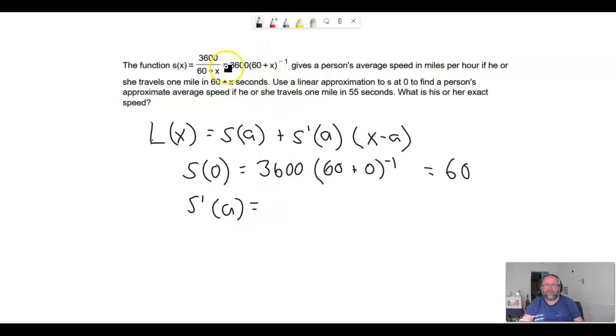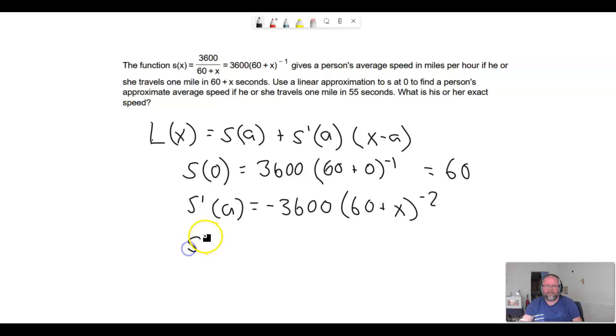If we use the chain rule and also the constant multiple rule, where we can just pull the 3600 out, we're going to bring the -1 out front, and then change that to -2, and then multiply by the derivative of the inside function. The derivative of 60 plus x is just 1, so that's not actually going to change anything. We end up getting -3600 by pulling that -1 out front times 60 plus x raised to the -2. And again, that's just applying the chain rule there.